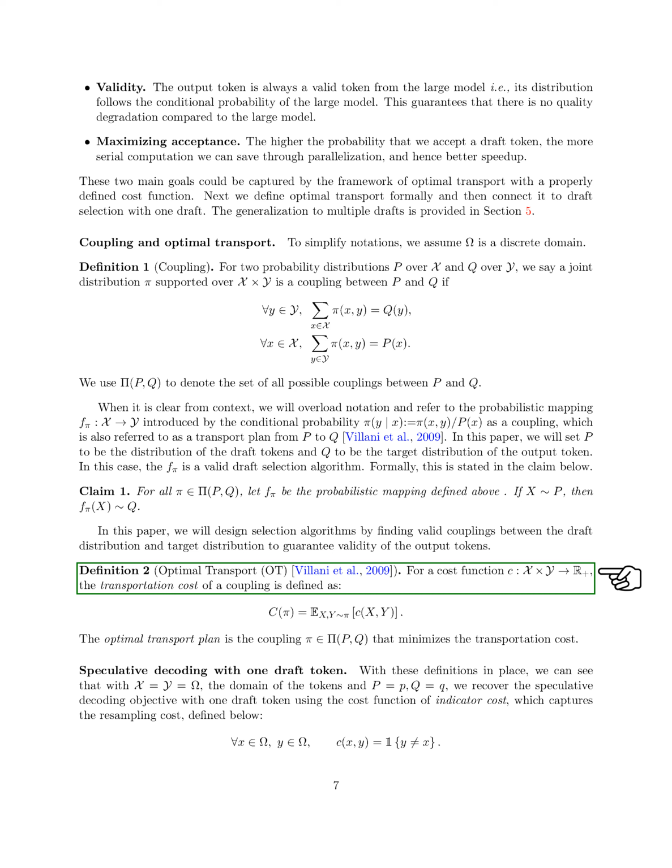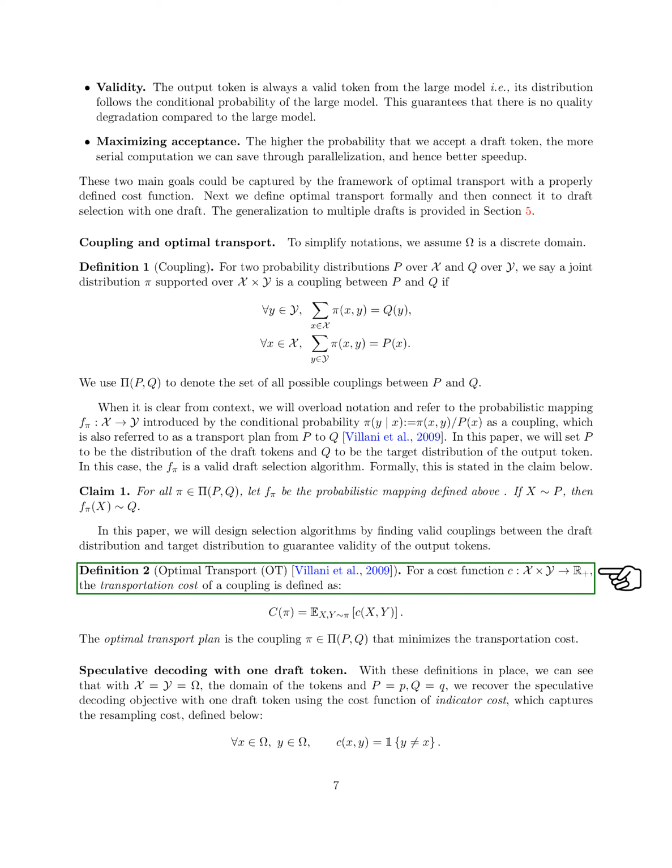Now, let's talk about speculative decoding with one draft token. With X and Y both equal to omega, the domain of the tokens, and P and Q equal to P and Q respectively, we can define the speculative decoding objective with one draft token using the cost function of indicator cost. This cost function captures the resampling cost and is defined as C(x, y) equals M times 1 if y is not equal to x.